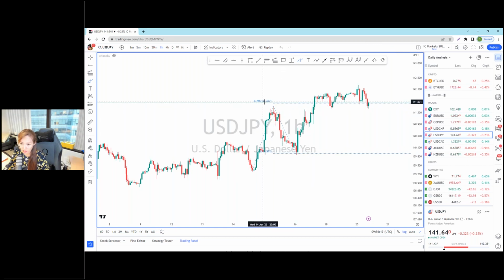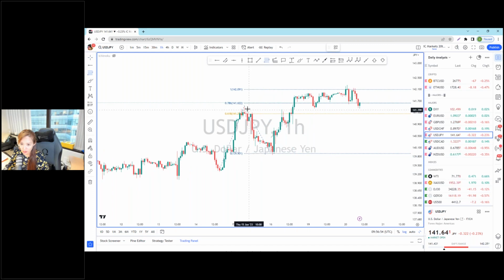That's why you use a projection to find where your next resistance is. Here, 61.8% is exactly near the candle body, but I think price could go above, so I project at 78.6%.